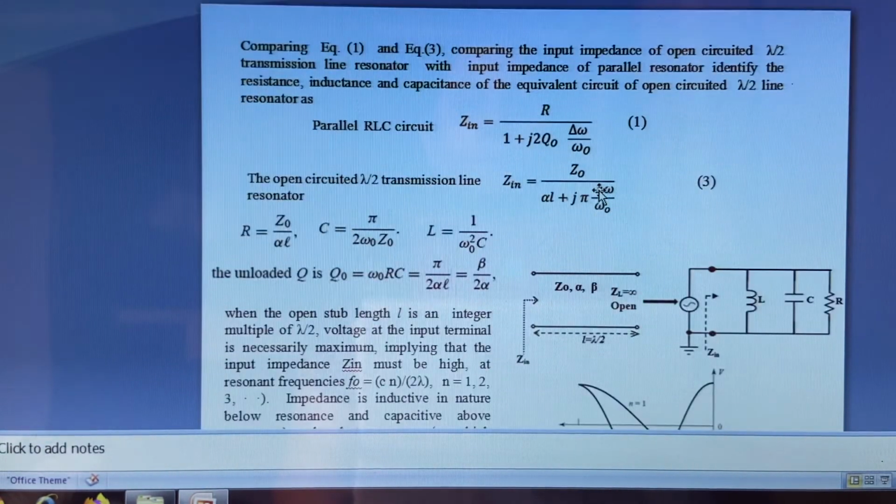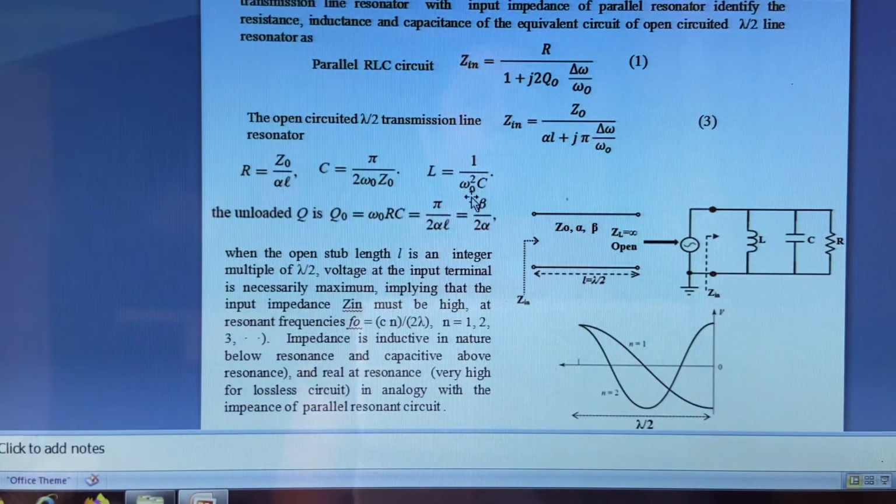Comparing these two equations, we get R equal to Z0 by alpha L, and C equal to pi by 2 omega naught Z0, and L equal to 1 by omega naught square C. This is the inductor value, and the unloaded quality factor is given by pi by 2 alpha L, or beta by 2 alpha. So those are the RLC values of the equivalent circuit of the lambda by 2 open circuited transmission line.